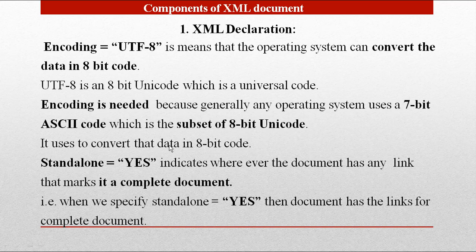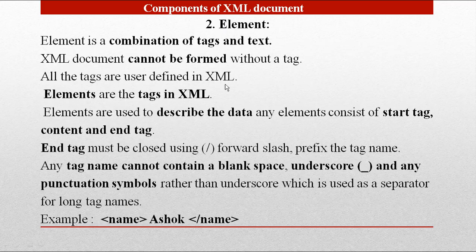It usually converts that data into 8-bit code. Standalone equal to yes indicates whether the document has any link that makes it a complete document. That is, when we specify standalone equal to yes, the document has the link for a complete document.